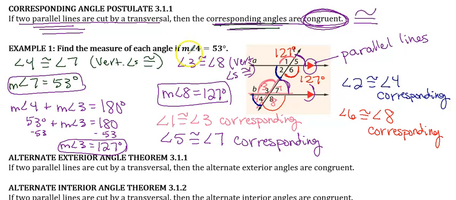We know angle 4 is 53 degrees, so this one's 53 degrees. And angle 5 is corresponding to angle 7, and we knew angle 7 was 53 degrees, so this angle is 53 degrees. Hopefully your paper's a little bit cleaner than mine and not quite so messy.